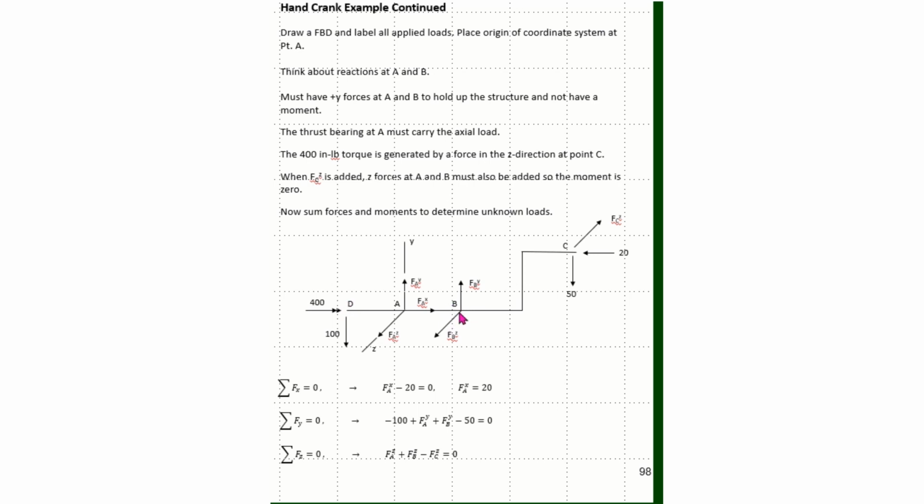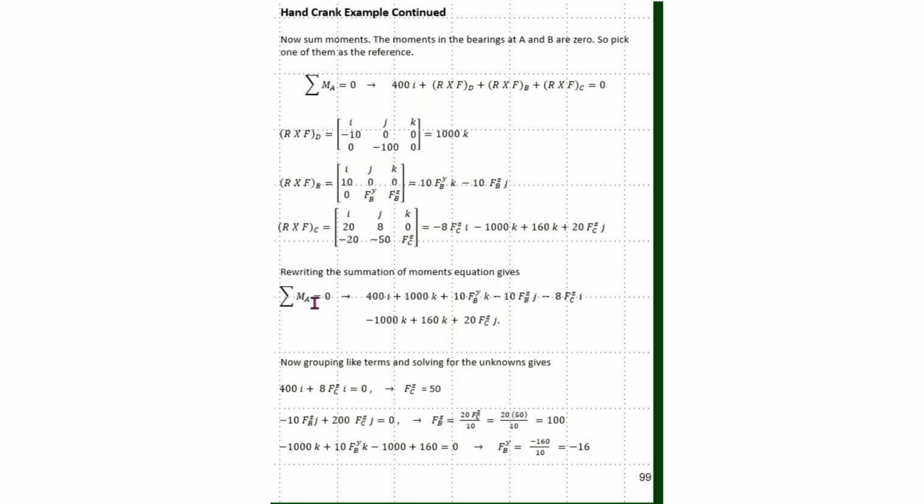I'll have forces here at B, so I'll have an R cross F at B, and I'll have an R cross F at C, and I'll also have this external load of 400. So coming to summing those moments, I have the 400I plus the R cross FD plus R cross FB plus R cross FC.